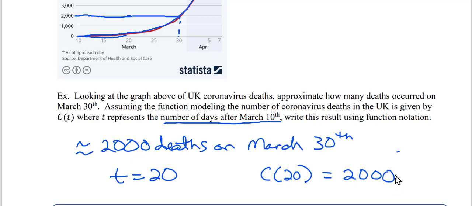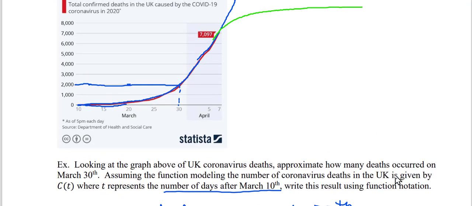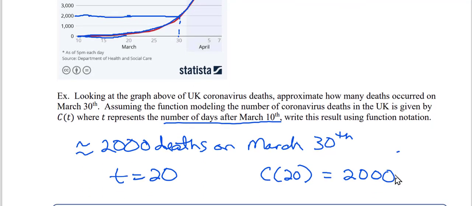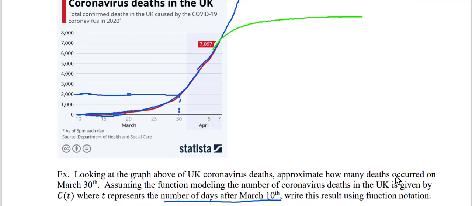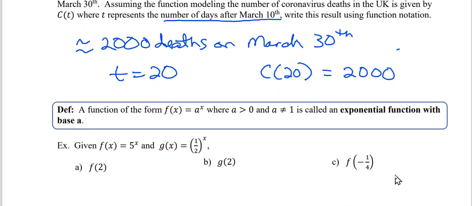The good news is that a lot of the work that we did with closing things down did indeed flatten the curve, and so that's the good news, right? But yeah, this is what we call exponential growth.